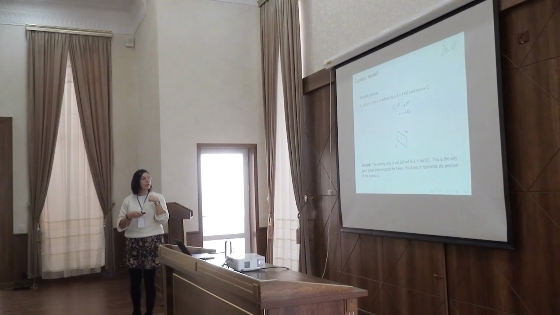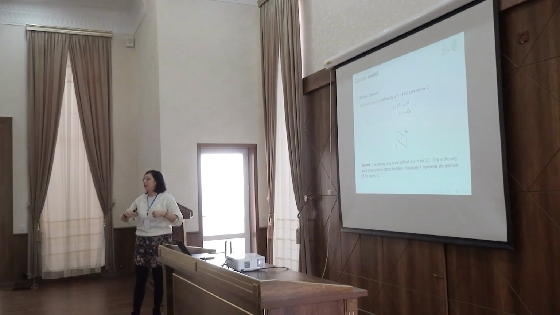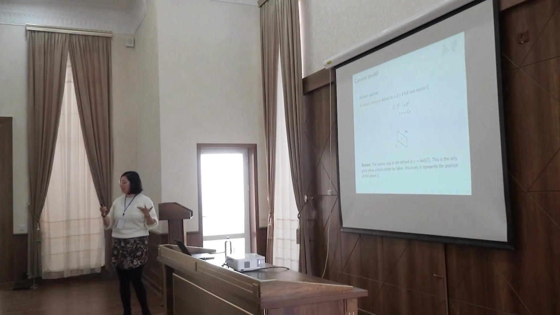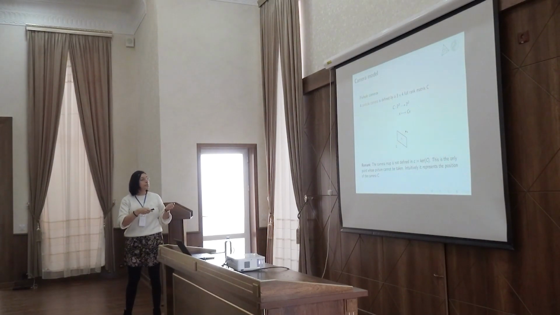Normally, if I have an uppercase C for the camera, its kernel is going to be lowercase c. And the intuition behind this point is that this is where the camera is located, because the camera cannot take a picture of itself. Okay, so that is the idea. Right. So that is what a camera is.